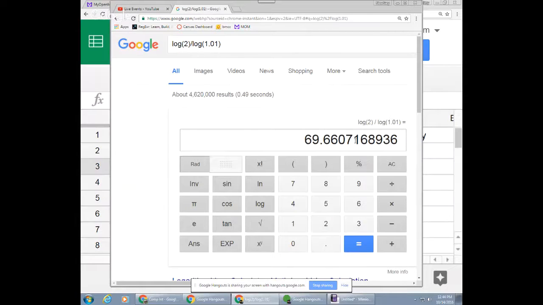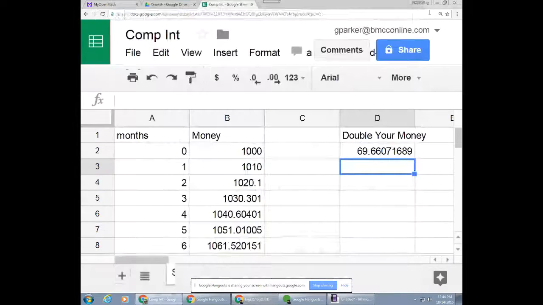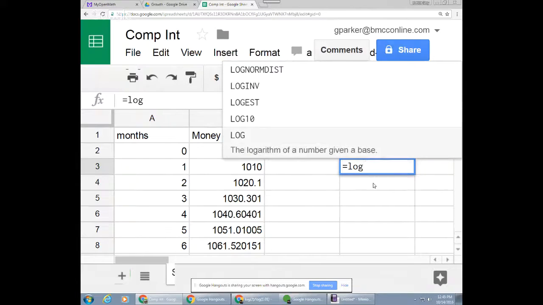So there is one problem. I mentioned earlier that in most books when you see log without a base, it's assumed to be base 10. That's not true everywhere. Notice on the spreadsheet when I typed log, it said there's a log and then there's a log base 10.